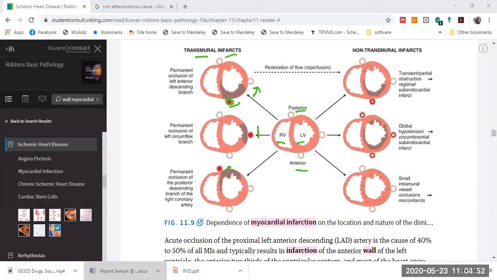Whereas in non-transmural infarction, there is usually restoration of flow, or reperfusion, and a transient or partial obstruction will be observed, which is found in the subendocardial infarction, at the inner part of the heart layer. It could also lead to global hypotension, or circumferential subendocardial infarction.